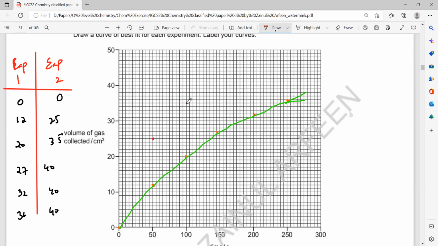I guess this is 35. Then 40, 150 and 40. So 150 and 40.